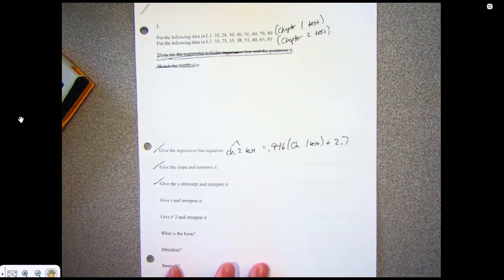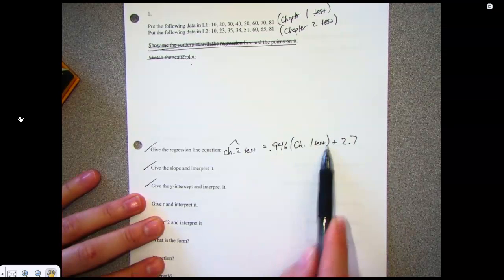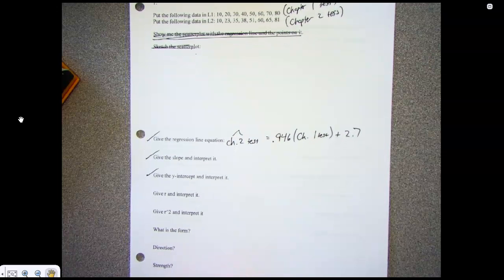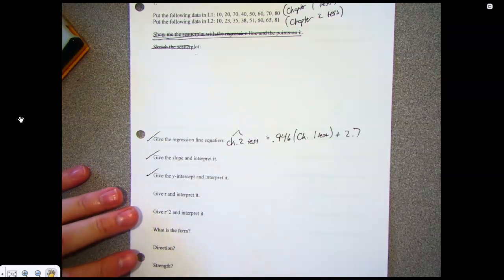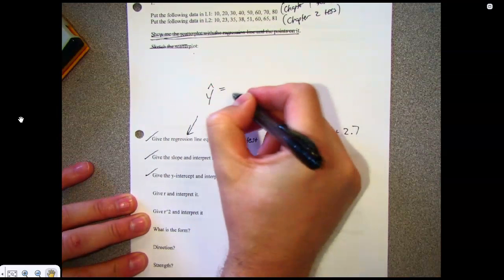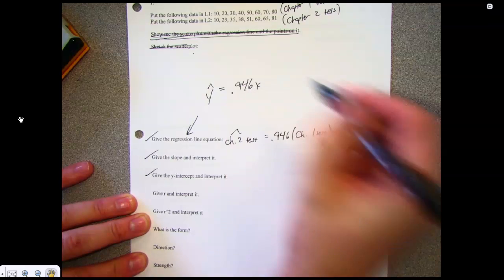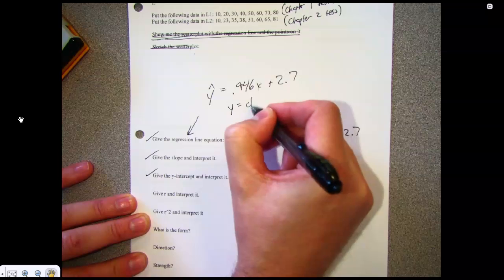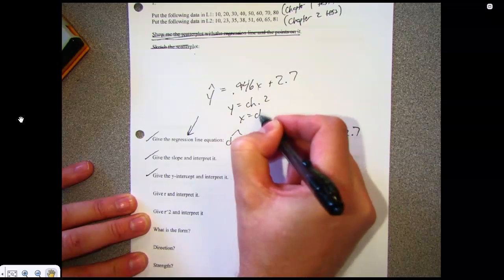Everybody have the equation yet? Did you get what I got? Alternatively here, you could go y hat equals 0.946 times x plus 27, and then label y is chapter 2, x is chapter 1.